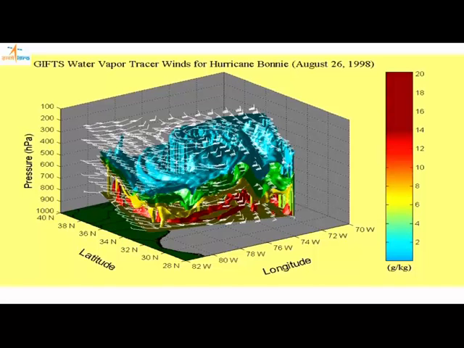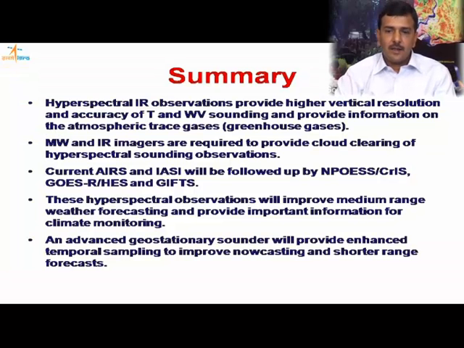This is a summary of my lecture. Hyperspectral infrared observations provide very high vertical resolution and accuracy of temperature and water vapor sounding, and also provide information on atmospheric trace gases. Microwave and infrared imagers are required to provide cloud clearing of hyperspectral sounding observations, which I discussed. On ATOVS, we have AMSU as the microwave sounder that is used for cloud clearing.